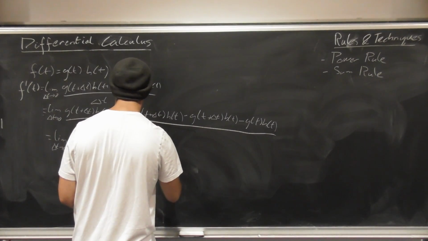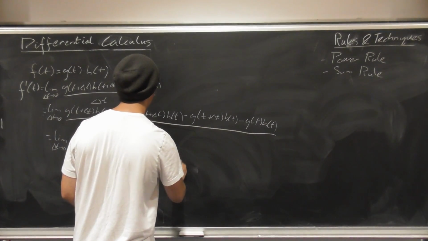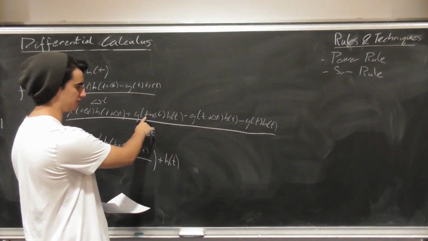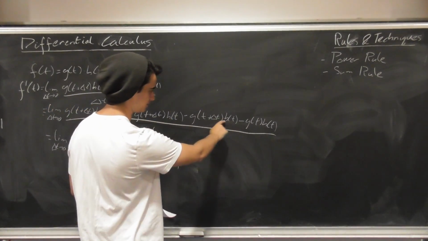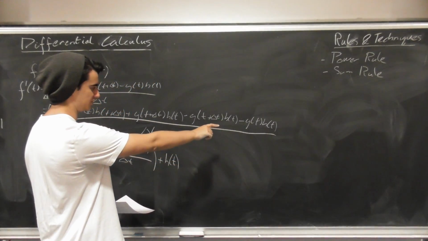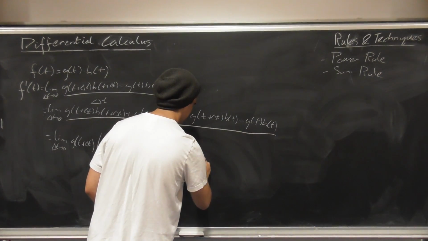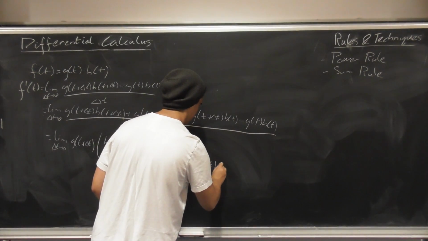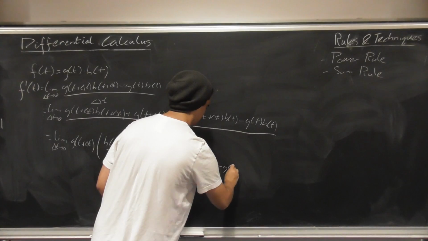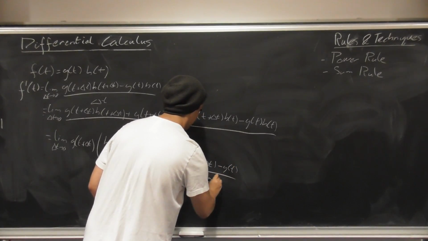g of t, h of t times g of t plus delta t minus g of t from back there. So g of t plus delta t minus g of t all over delta t.